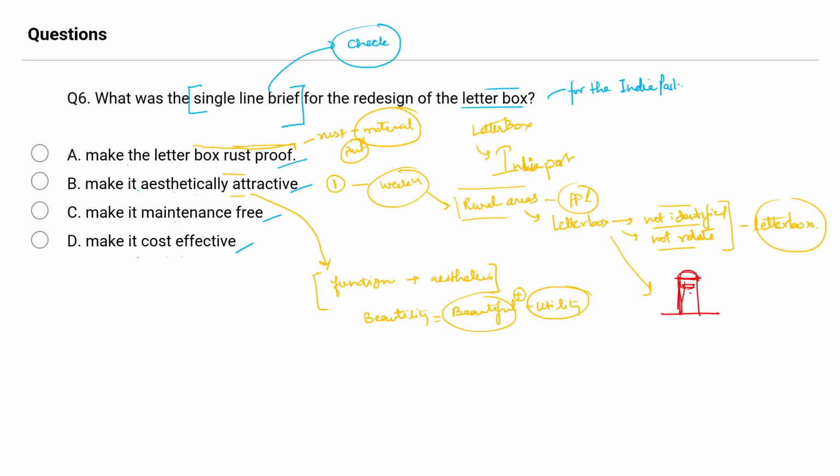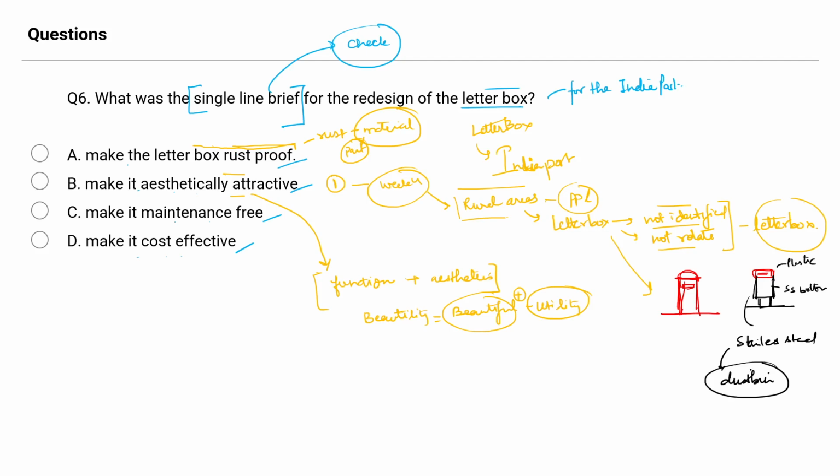Now, in the new design, they had a cap like this, which was consistent, but they also had an SS body. Just imagine it's a silver color. So it had two components: a plastic top and an SS bottom. Now, the people in the rural areas said that this stainless steel finish, they related it to a dustbin.